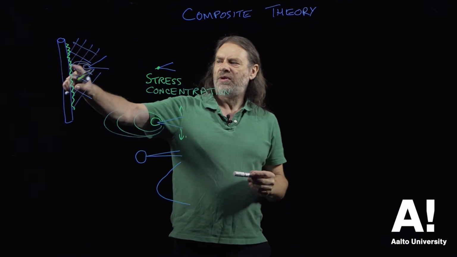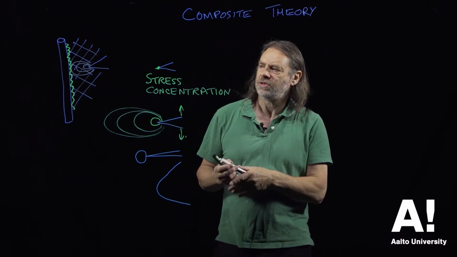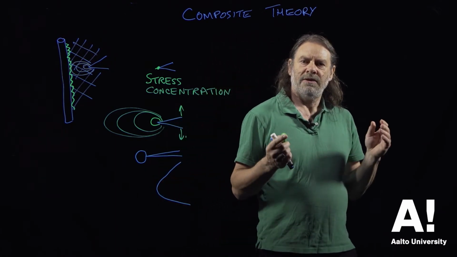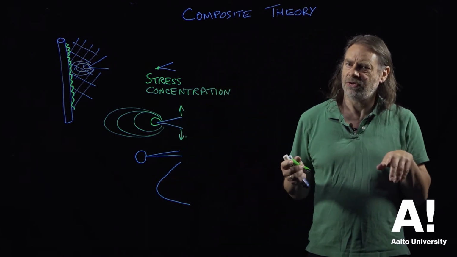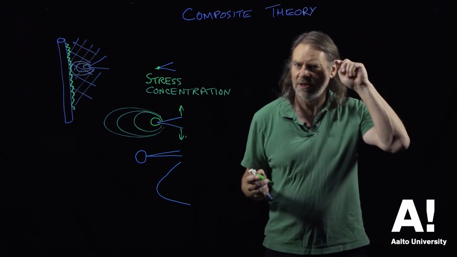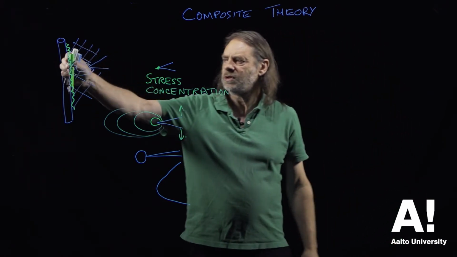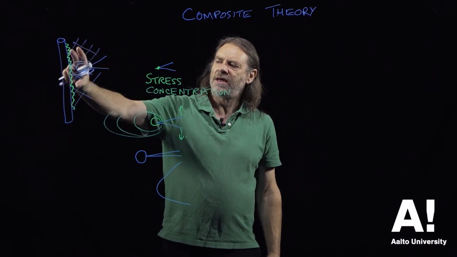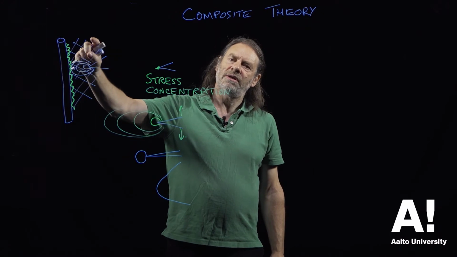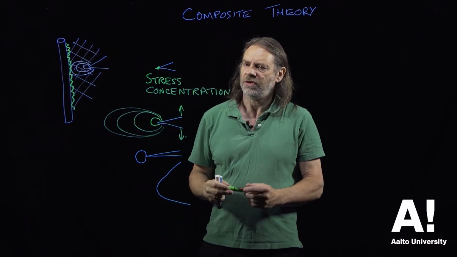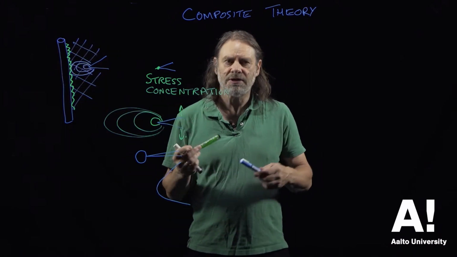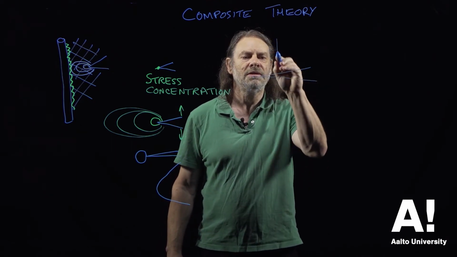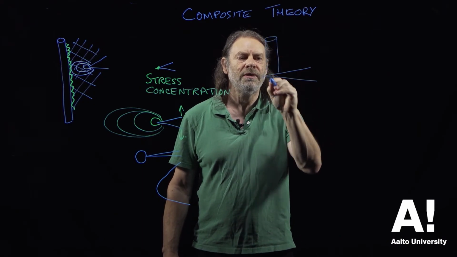Now what's going to happen when that stress concentration reaches the interface? What happens depends on how strong the interface is between the fibre, the reinforcement, and the matrix. If we have a glue at that interface, gluing the matrix to the reinforcement, the crack runs all the way through.